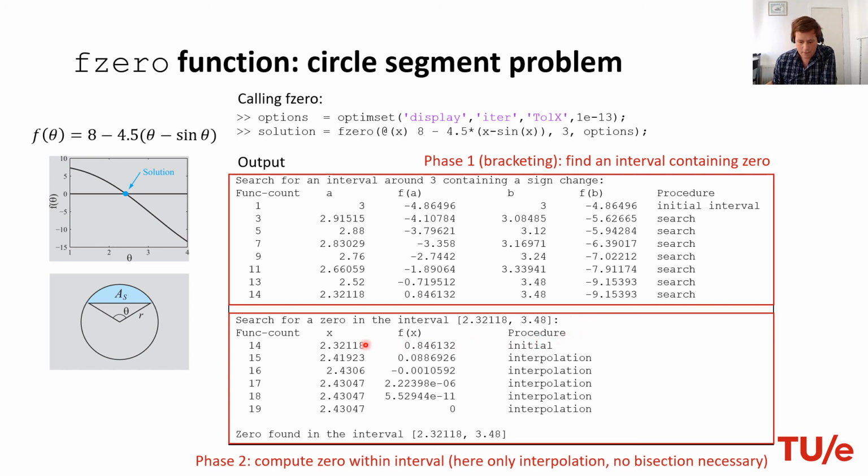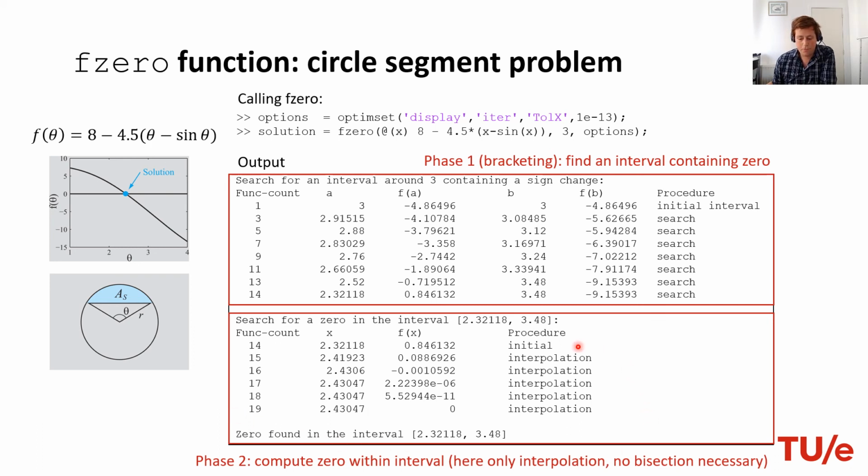And we see that it starts at one of the edges of this interval, and quite fast after a couple of iterations it attains this value where it finds that the function value is actually 0, so it converges to the exact solution in this case.